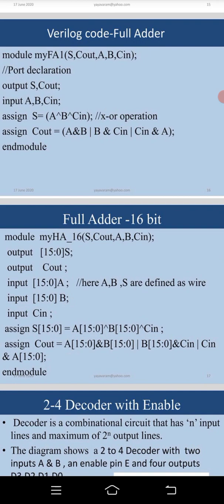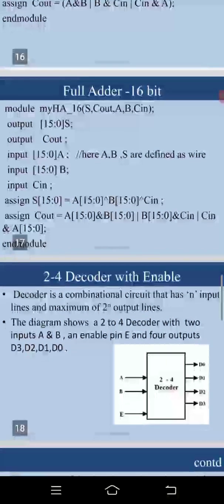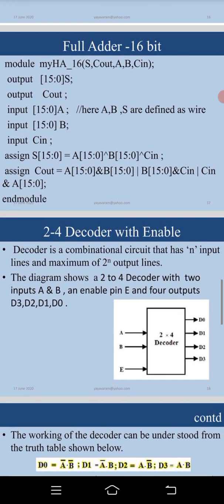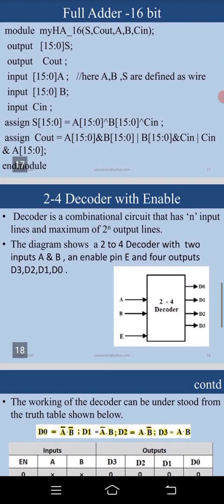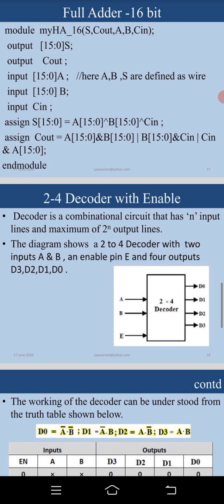Then end module. 2 to 4 decoder with enable. A decoder is a combinational circuit that has n input lines and a maximum of 2 to the power n output lines.